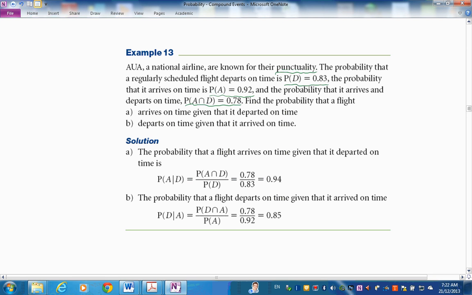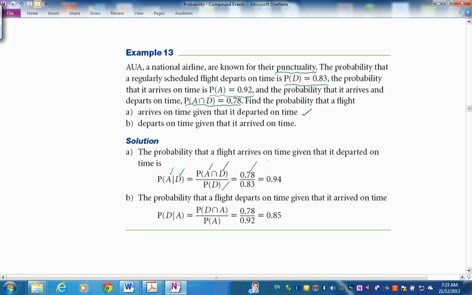So, what can we do with that then? Arrives on time given that it departed on time. Okay, so let's use the rule here. The probability it arrives on time given that it departed on time is the probability that it arrives on time and departs on time, divided by the probability it departs on time. So we've got all those.